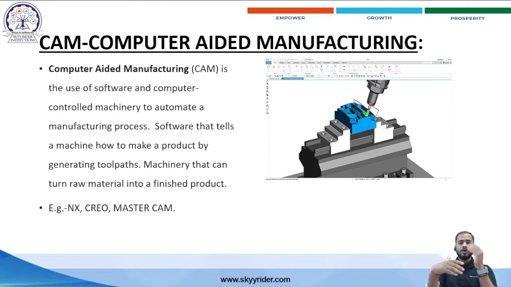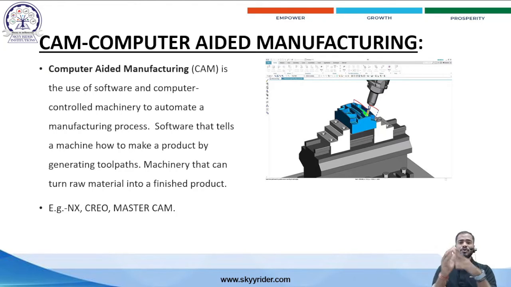for helping with that, or for modifying things like this, the CAM part is used, where we can see virtually what the process is, what tools will be used, what tool path will be generated, what raw material will be used, and we can see the finished product over here.